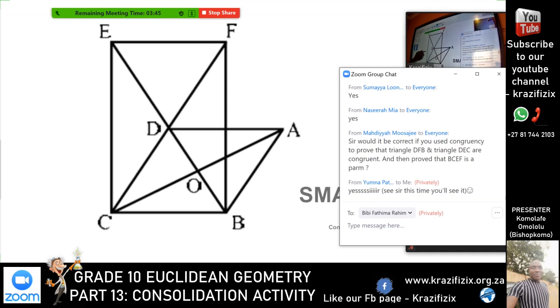Triangle DFB, the right side, and DEC. Yes, you can prove that they are congruent, and if they are congruent, it is a parallelogram. Beautiful stuff.